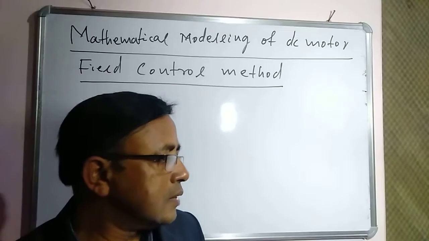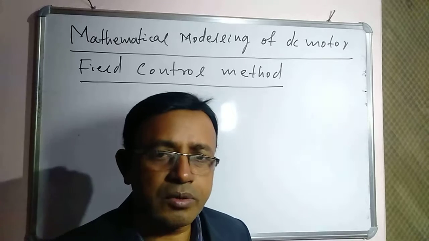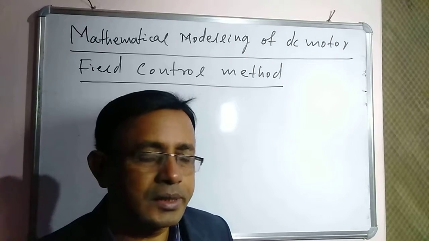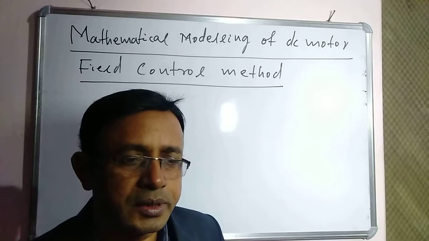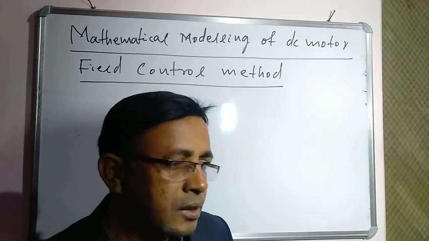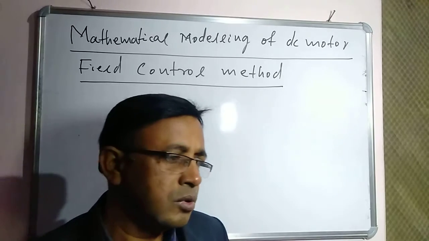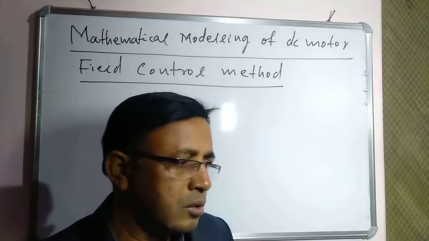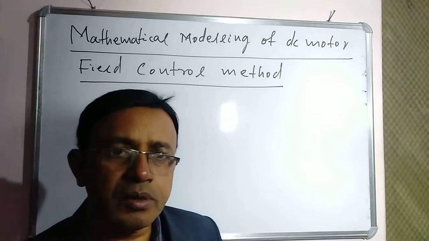So already I have discussed this in the armature control method, that is we are using the DC motor here as DC servo motor. Then I will design another control system.